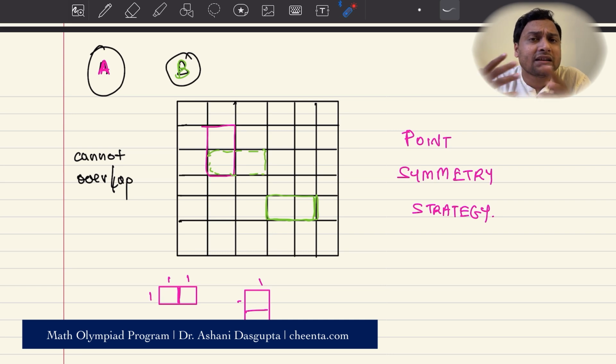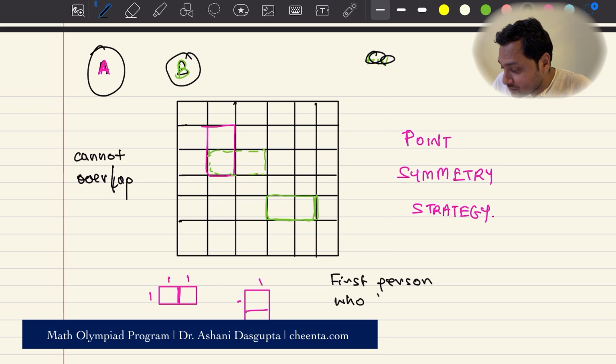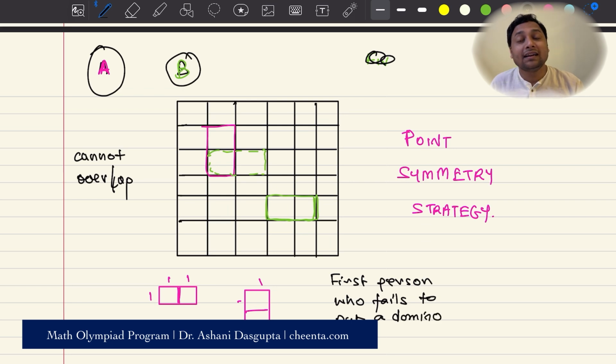They keep on putting the dominoes, and the first person who fails to put a domino on the board loses the game.